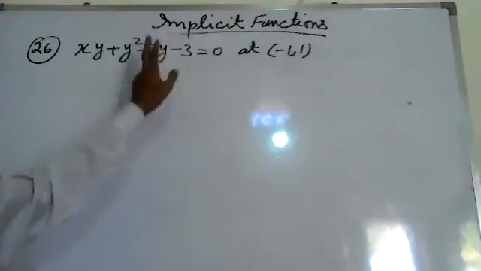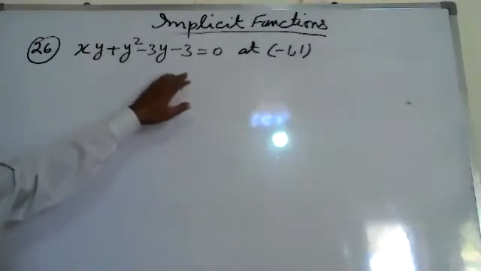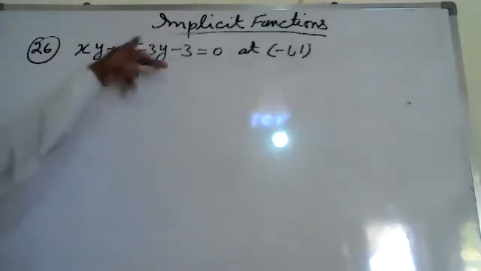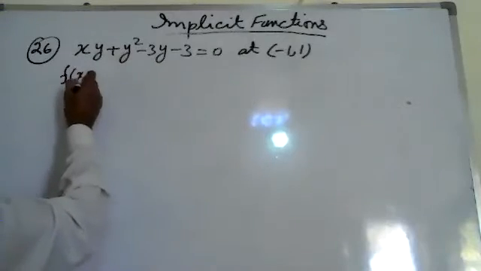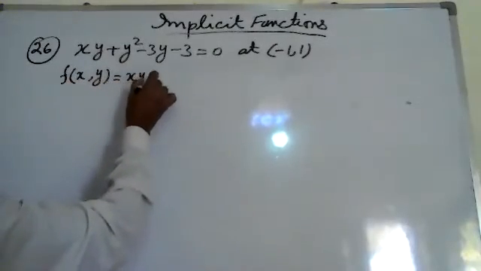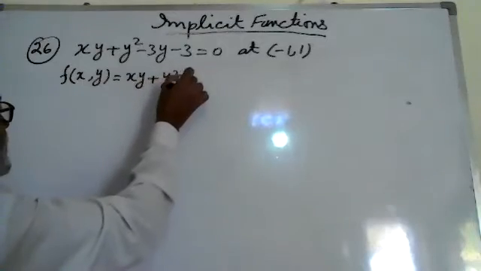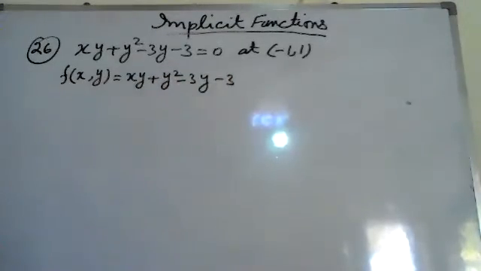This is already equal to 0, so that step has been saved. So this one will become f of xy. Don't write equal to 0.